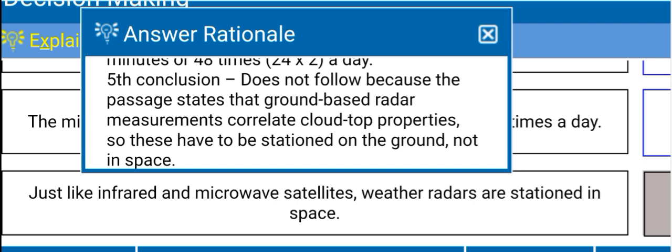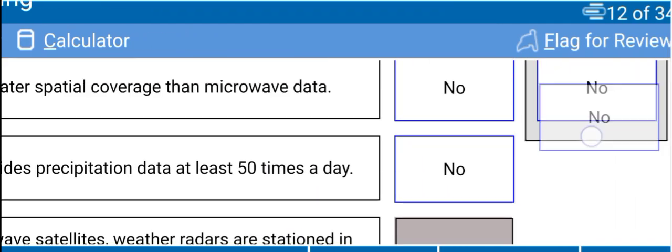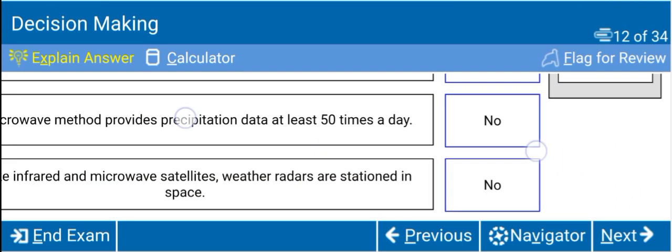So the fifth conclusion does not follow. That's why we will drag a no and drop it here in front of this conclusion.